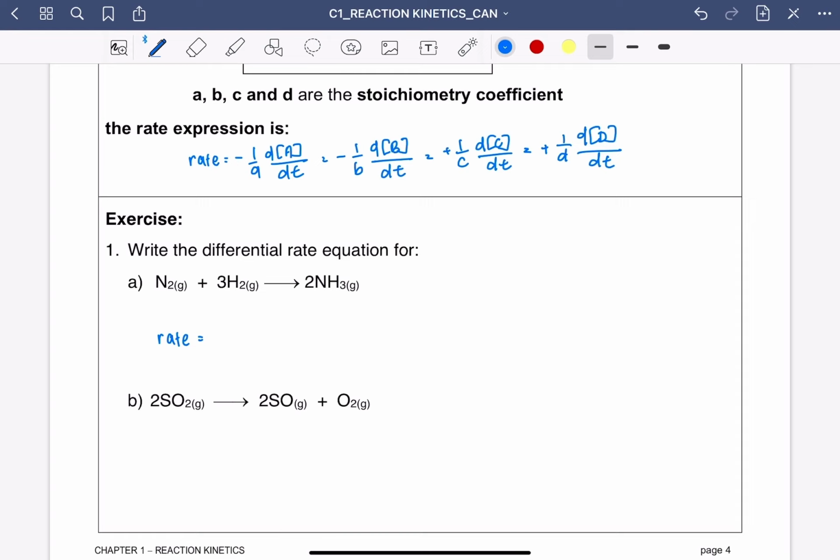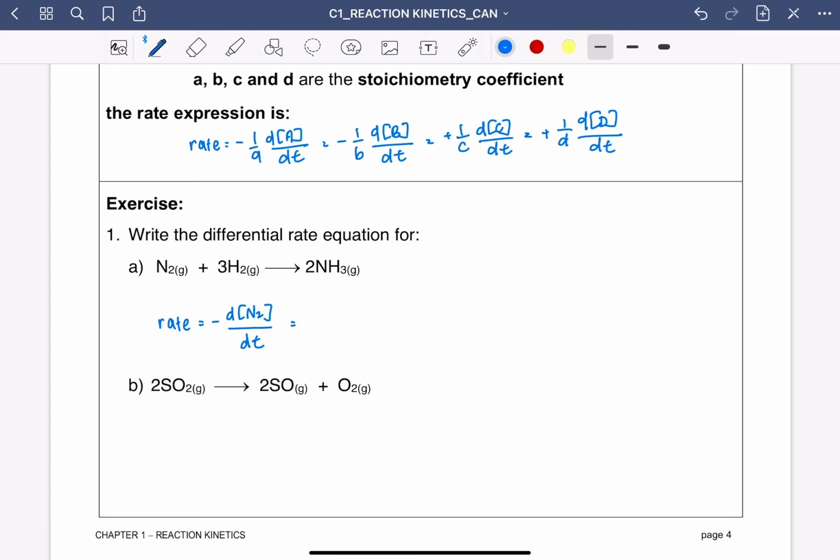Now our nitrogen gas is a reactant, so we are going to write it like this, which is equivalent to hydrogen gas is a reactant as well with 3 stoichiometry. So we put 1/3. Okay, this. And our ammonia is the product.